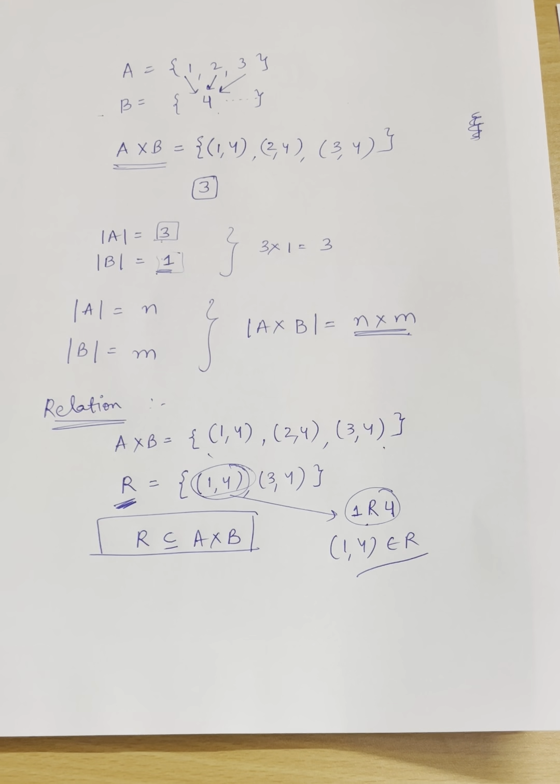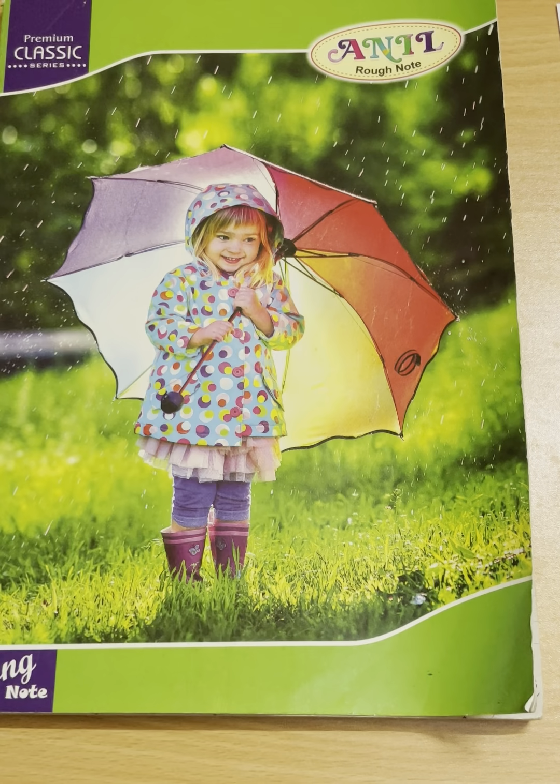After that, if someone asks, suppose you have two sets A and B and those two sets are finite, and the question is how many relations are formed from A comma B set. Let's discuss what it wants to say.